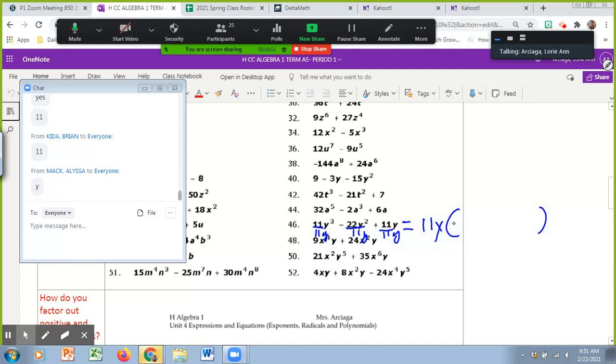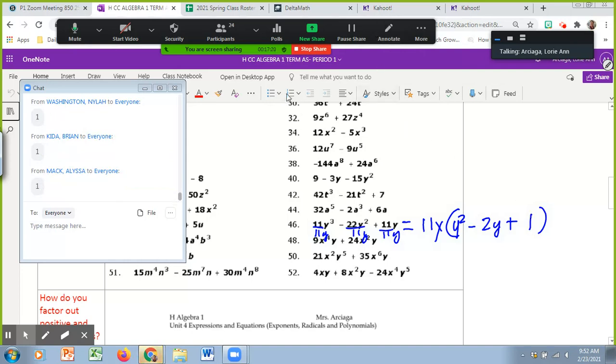Cancel the numbers, subtract the exponents. y squared, perfect. Minus 2y, because 22 divided by 11 is 2, right? y squared divided by y is y. Plus, don't forget the last one, plus 1.